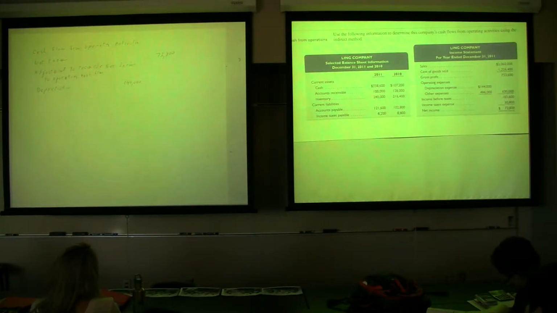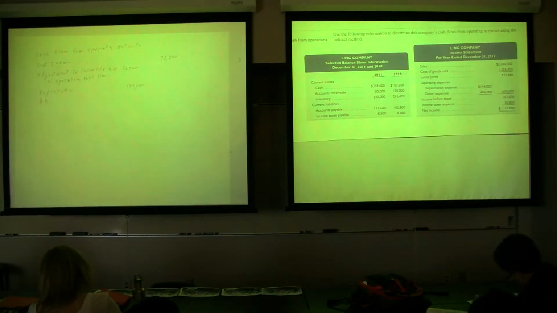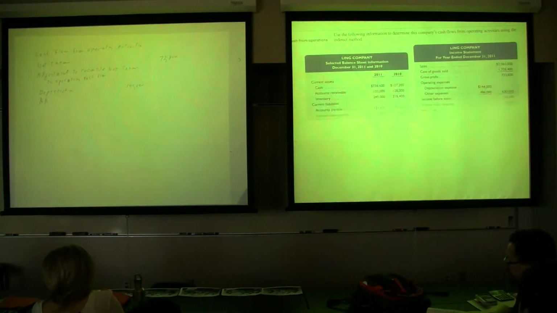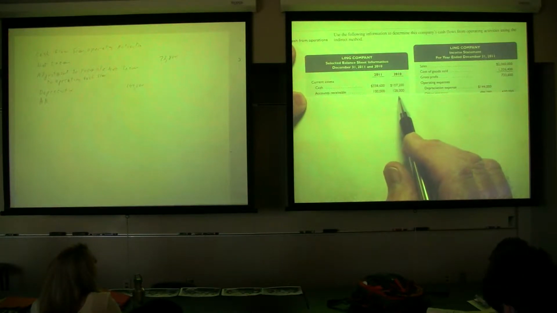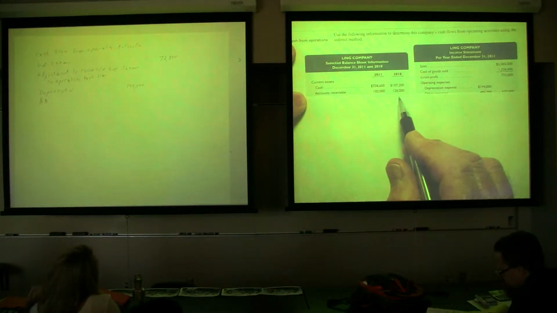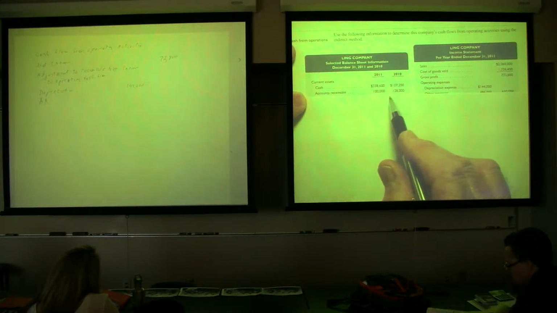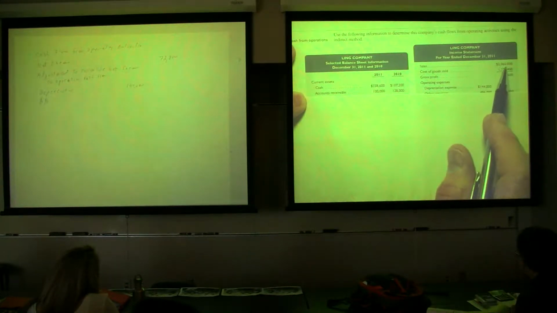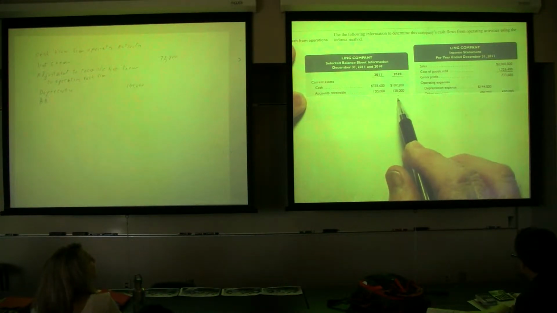Then your accounts receivable. Now let's take a look. I'm going to put AR for accounts receivable. In 2010, it was $128,000, and it dropped to $100,000 in 2011. Now what this means is you collected an amount equal to all of your sales plus 28,000 from last year.